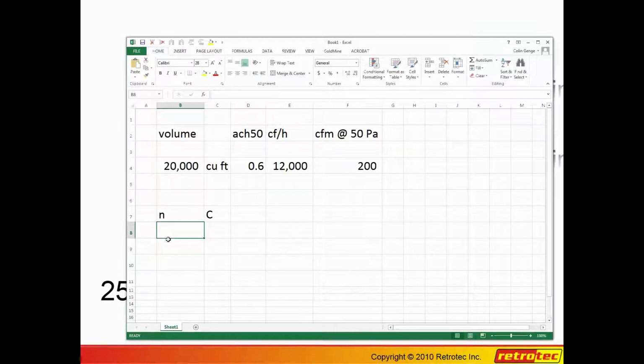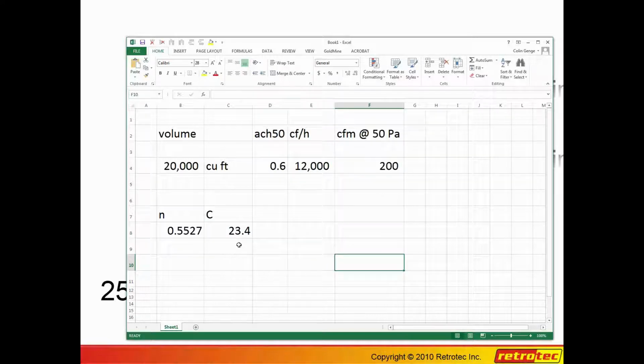So the N value is 0.5527. The C value is 23.40. So from a mathematical standpoint, what we need to do to get CFM is this. We have the pressure that we're interested in, so the pressure is here, and the CFM will be over there.